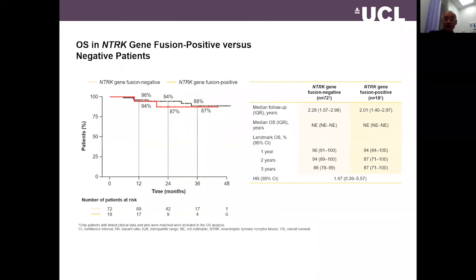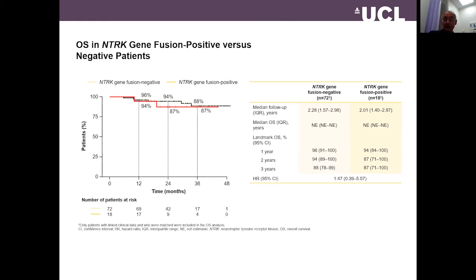This is the overall survival analysis, and essentially the survival is similar to that of the NTRK fusion negative population. So you're looking at population risk survival here for patients in this cohort. This is incredibly good for a medical oncologist who's been treating cancers for over 20 years.